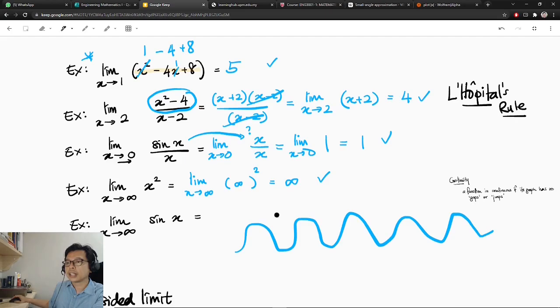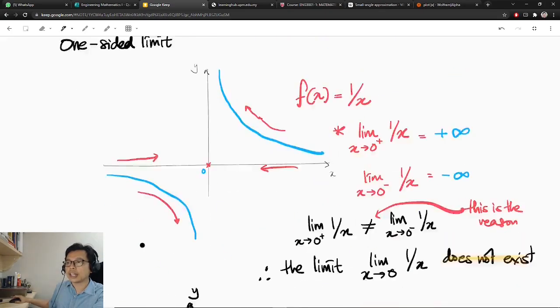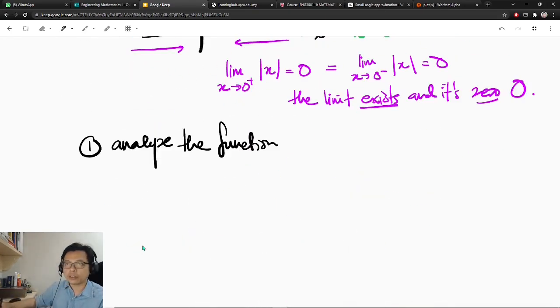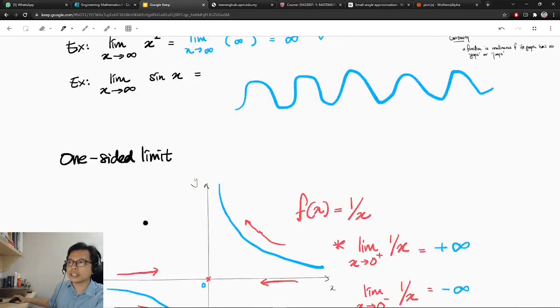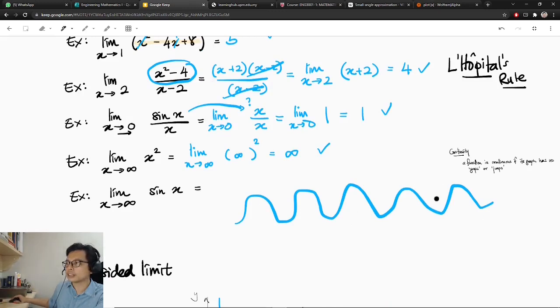That's the easiest part. And for sine x, one thing we can do is analyze the graph, or the plot. When you look at the plot, you realize that it's not going anywhere, it's just jumping up and down. At infinity it is still going to be jumping up and down.